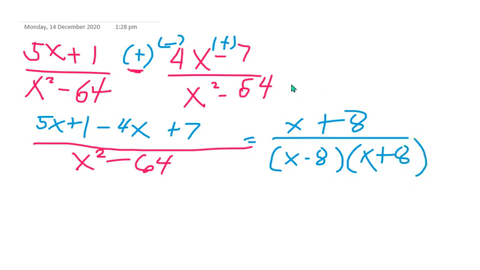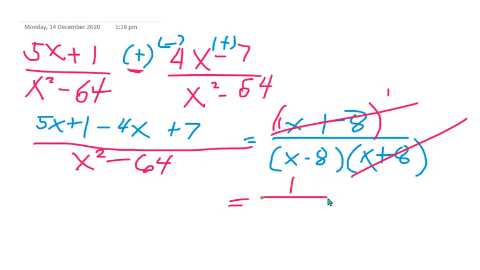And then, since we have the same numerator and denominator, x plus 8 divided by x plus 8 is equal to 1. And the numerator now is equal to 1 over x minus 8. And so, that is how to get the final answer.